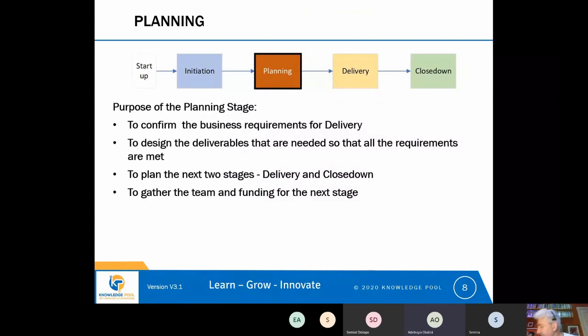Go ahead. Yeah, sorry. I want to find out, when we adopt the Agile approach, and at the planning stage we have defined our requirements, and let's assume we have taken a decision on the type of CRM software at this stage.